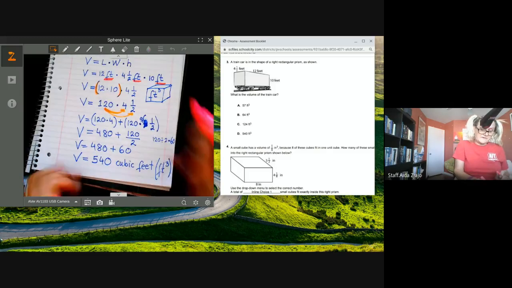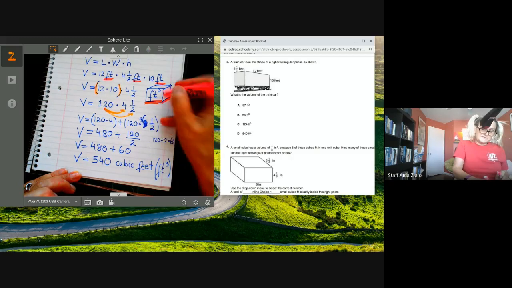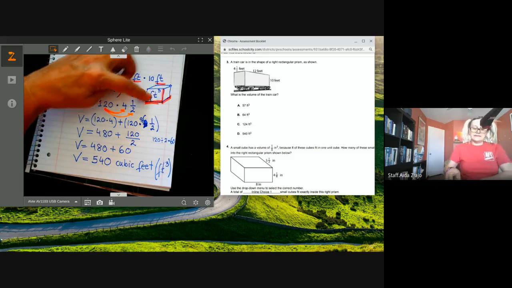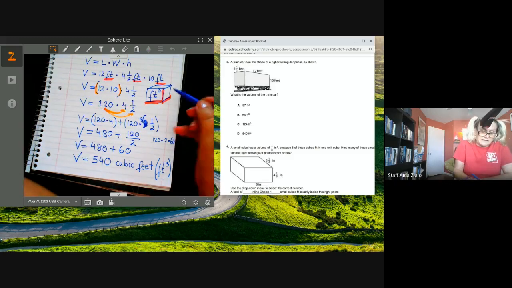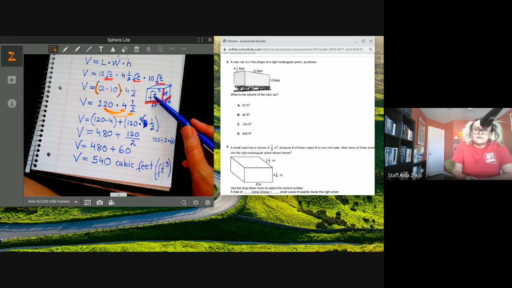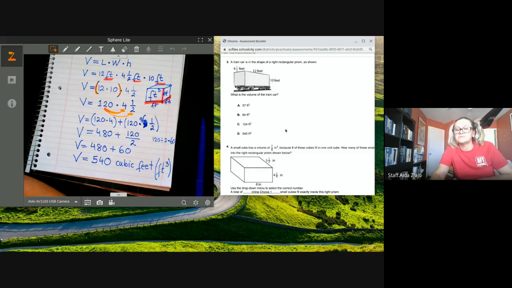It has feet times feet times feet, and that makes cubic feet. Feet times feet times feet makes feet to the power of 3, which is cubic feet. Okay, and that would be your final answer, and it should be D, correct?